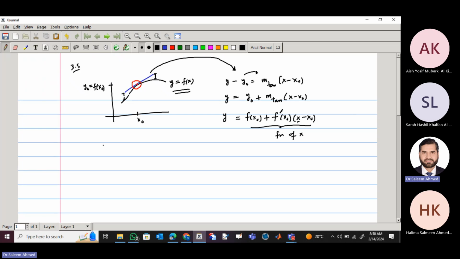What we are claiming is that if I pick any x within this interval, within this circle, meaning x is close to x naught, then my function which comes from the black line, f of x, and the function that comes from the blue line, which is f of x naught plus f prime of x naught times x minus x naught, are approximately equal.